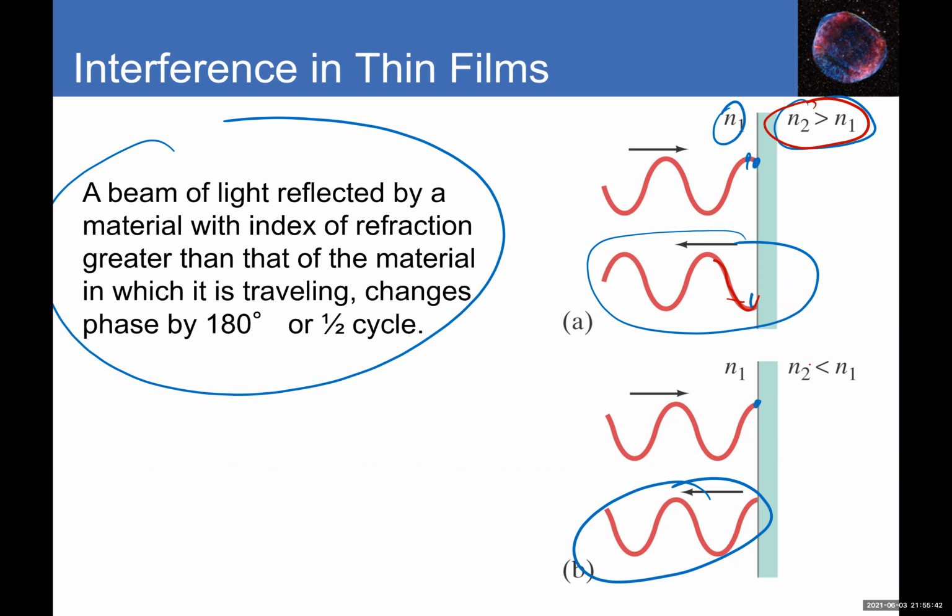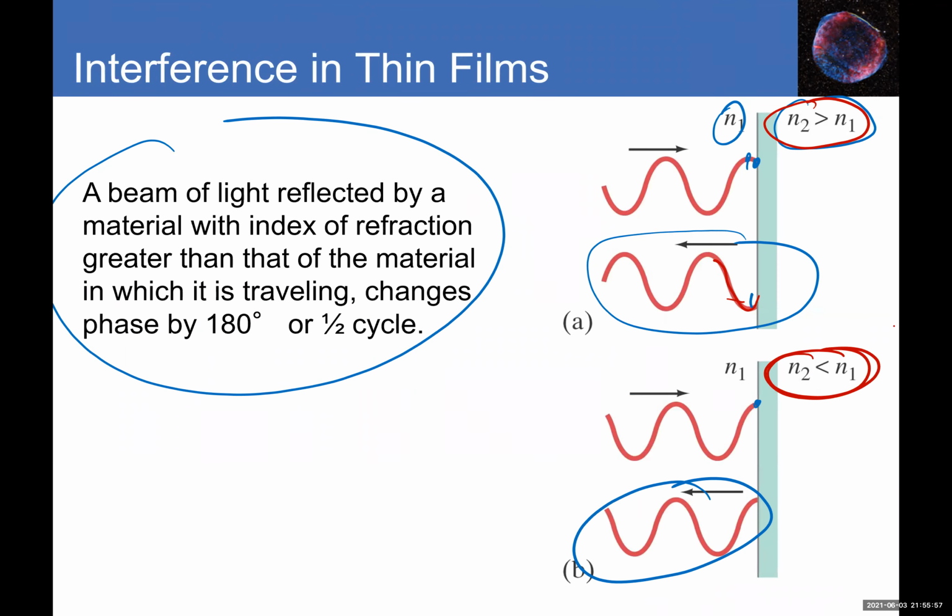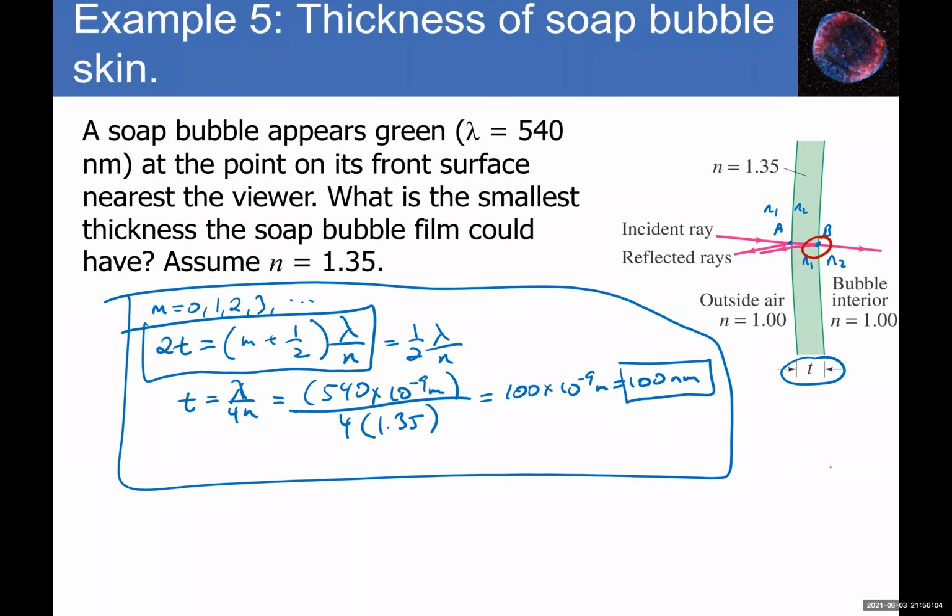But when n2 is less than n1, which we had in this example, for this particular case you have n1 and n2, and obviously n2 is less than n1 because air is less than bubble. That means light reflects and you have just one reflective phase change. That's why I used this equation, because this is constructive for just one reflective phase change.